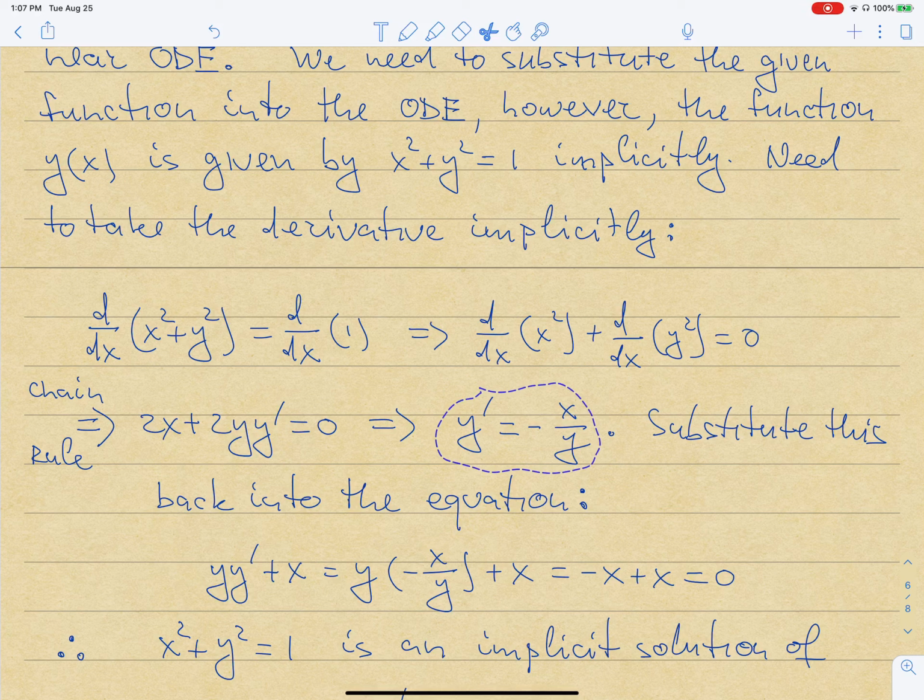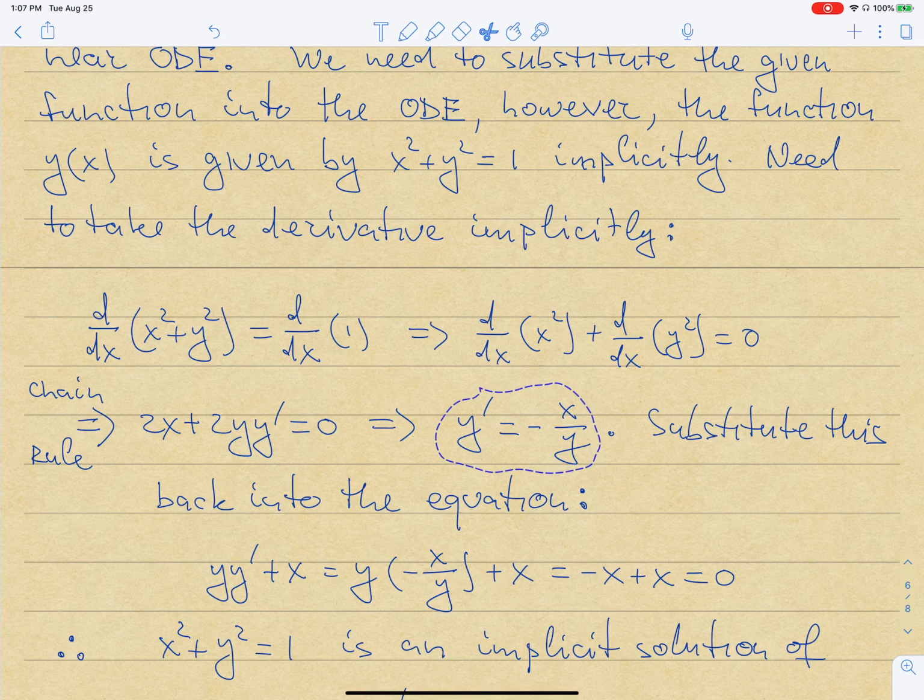You have y prime equal to minus x over y. So that by itself looks like an ODE. Looks like an ODE of the first order. And in fact, it is written as y prime equal to something. So that's a first order ODE in normal form. So immediately I get that my implicitly defined function y solves this circled ODE.